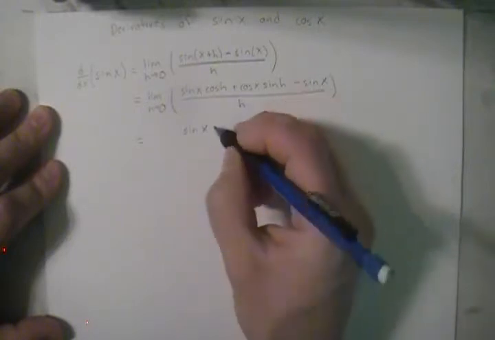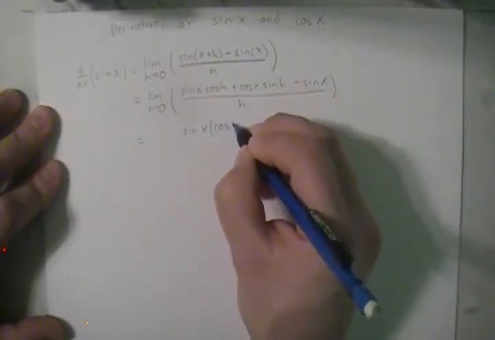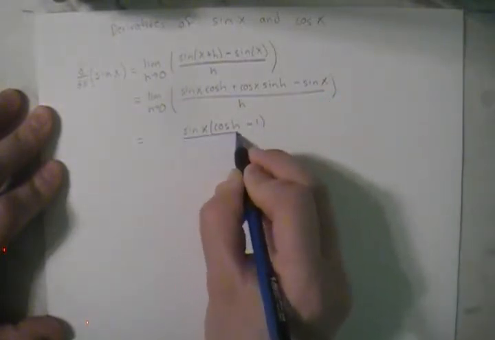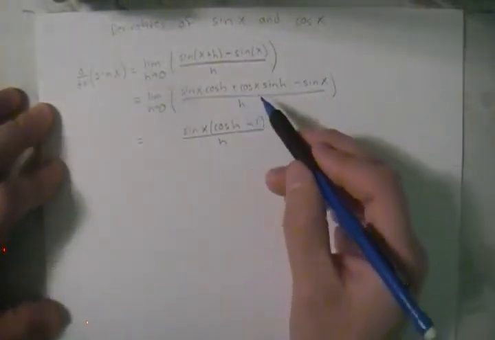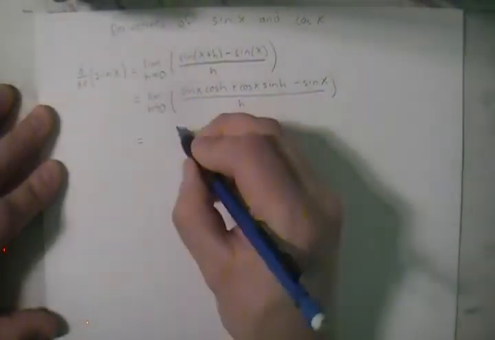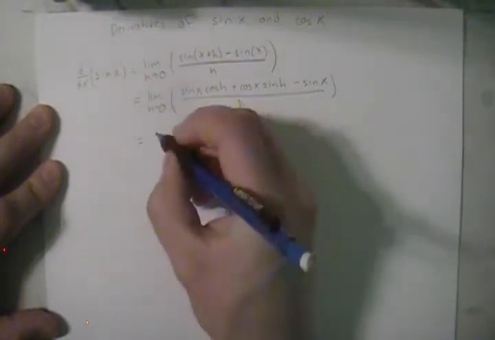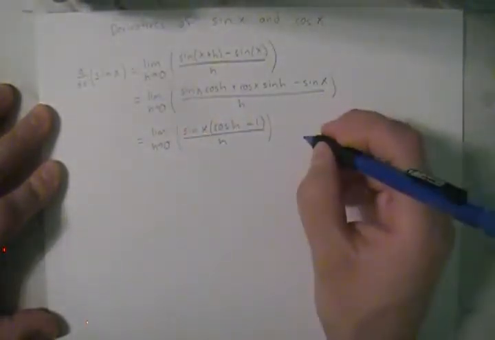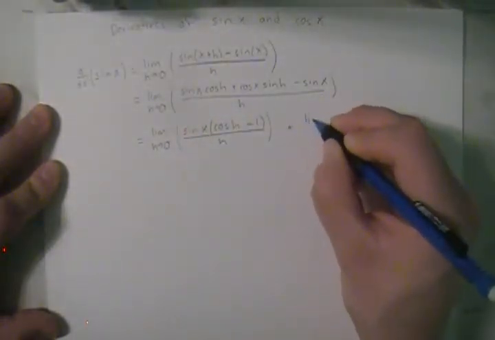It's going to be sine of x times cosine h minus 1. And I'll go ahead and separate the terms. If I'm taking the limit of g plus h, I can take the limit of g plus the limit of h. That is a property of limits.